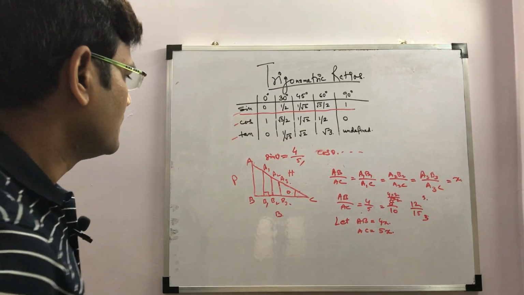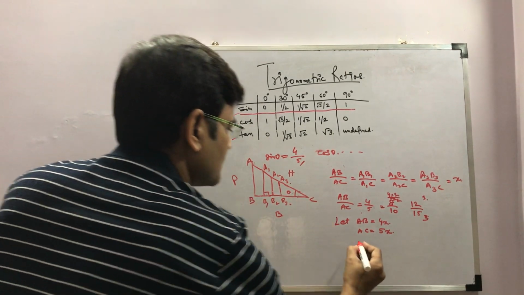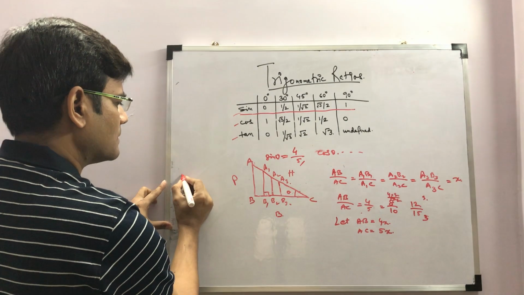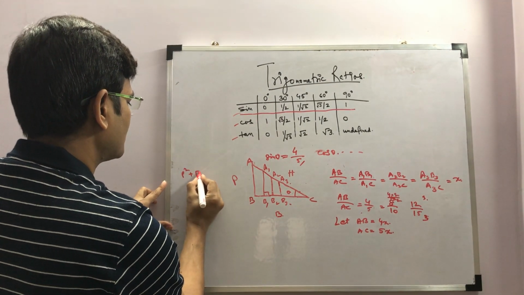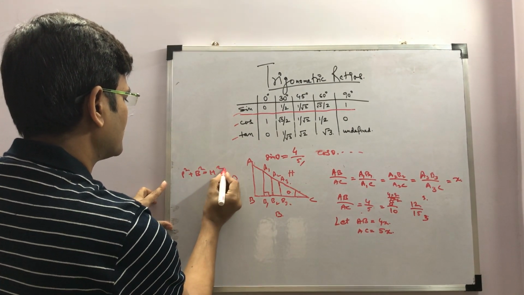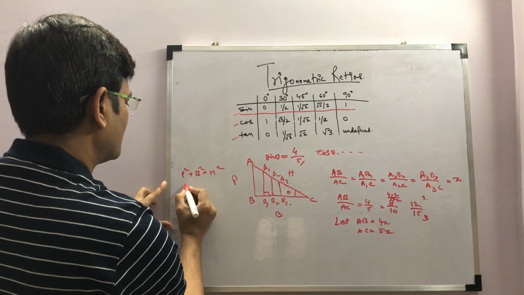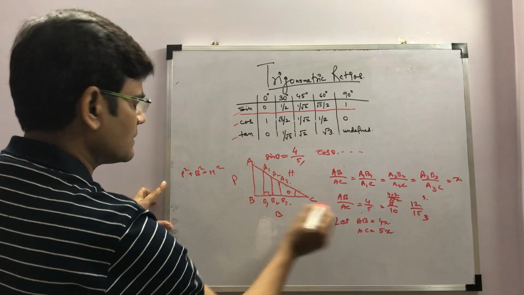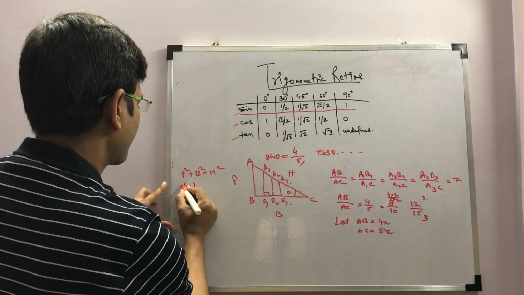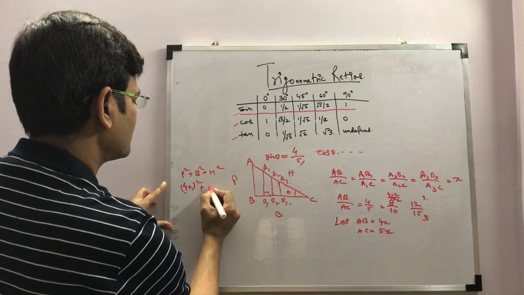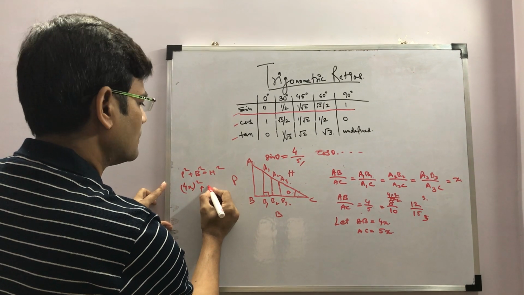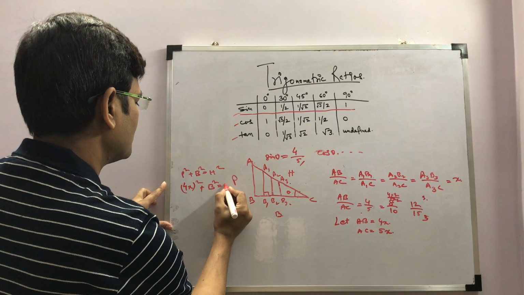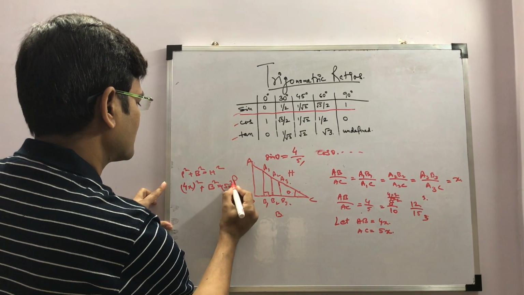Understood? Now you calculate BC. You know Pythagoras theorem? It says P square plus B square equals hypotenuse square. P is AB, that is 4x, plus B you don't know, B square equals 5x whole square.